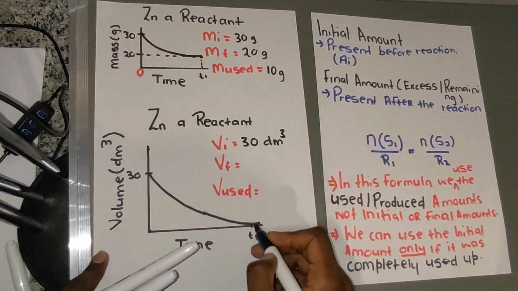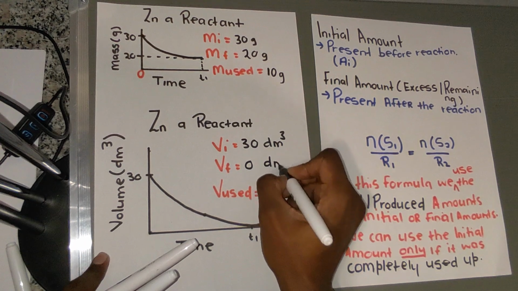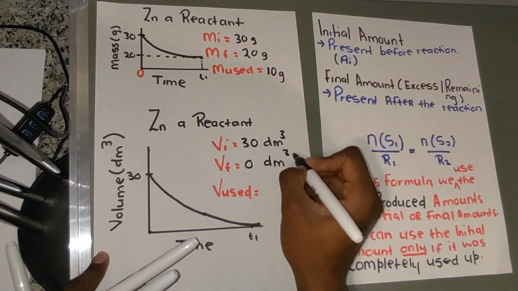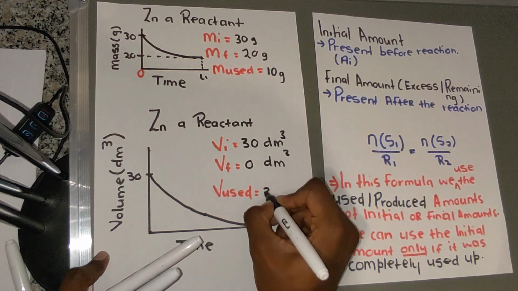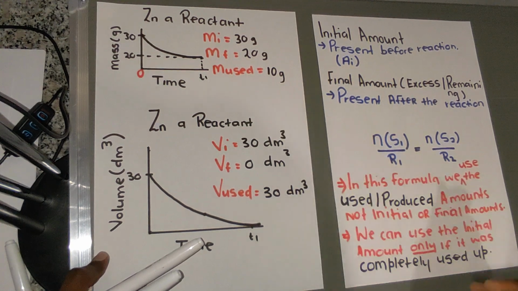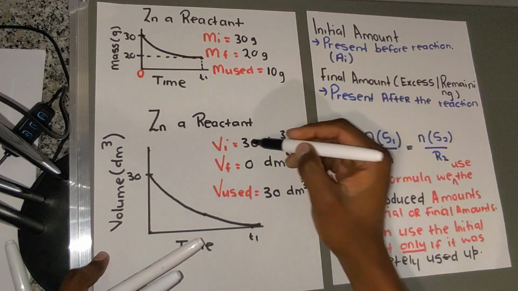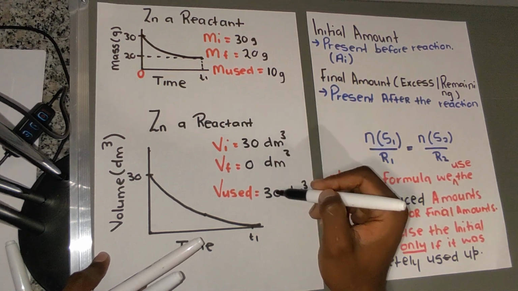Finally, we have 0 decimeter cubed. So how much was used? We used 30 decimeter cubed.